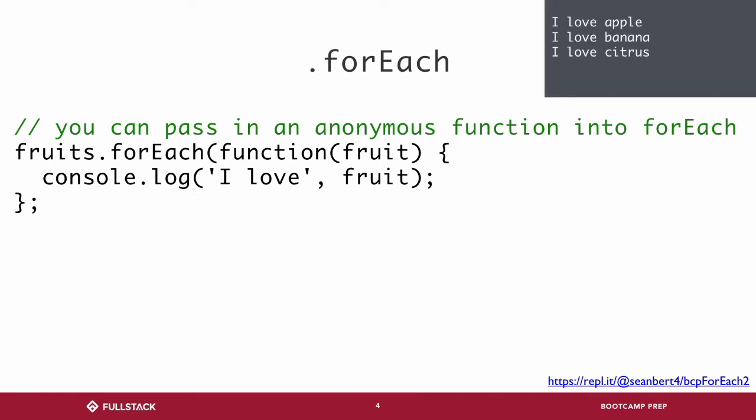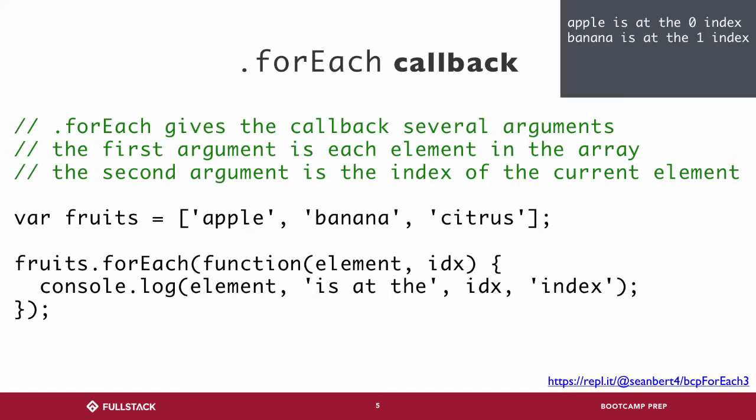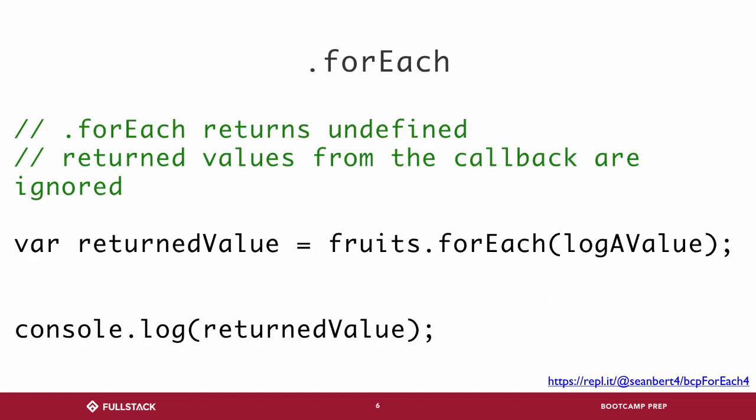This is an example of passing an anonymous function, if we know what we want to do and we only want to use that function once. This is the order of the arguments. First, it can be element and then index. And returning undefined.